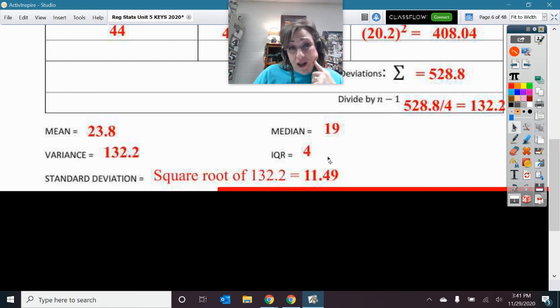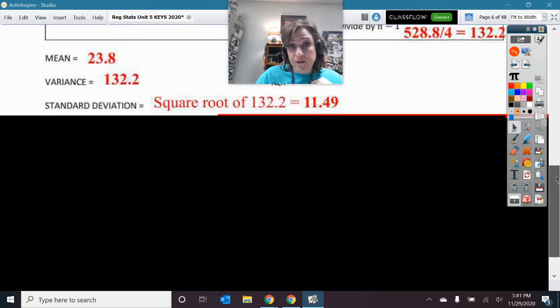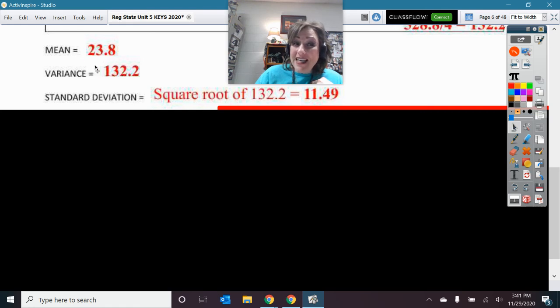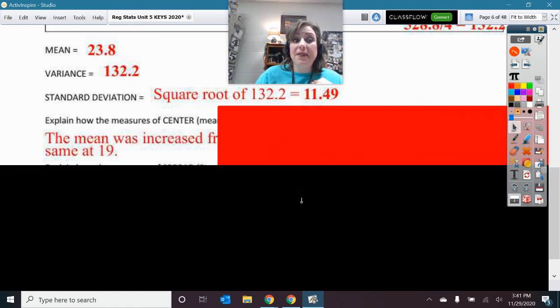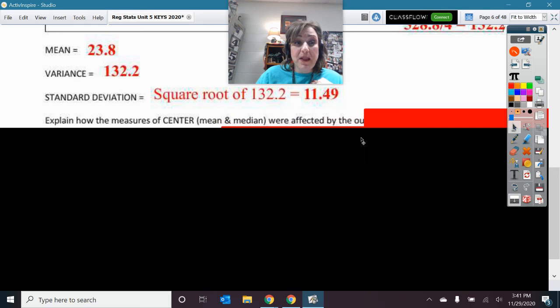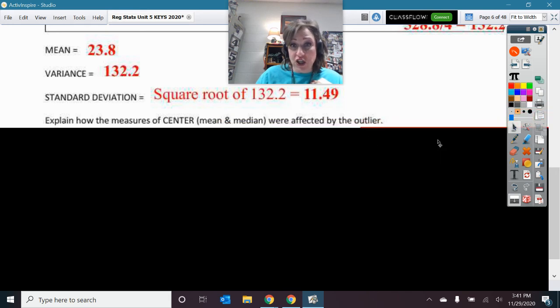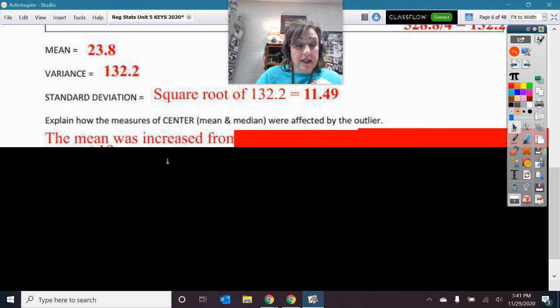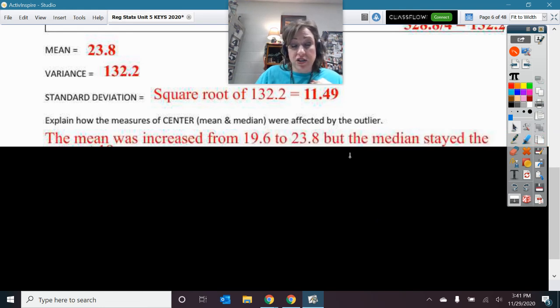Okay, we want to compare all these things. Look at the median and IQR, unaffected by that change in the outlier. But what about the mean and the standard deviation? They were affected. So explain how this measure of center, being the mean or the median, was affected. The mean increased, but the median did not change.